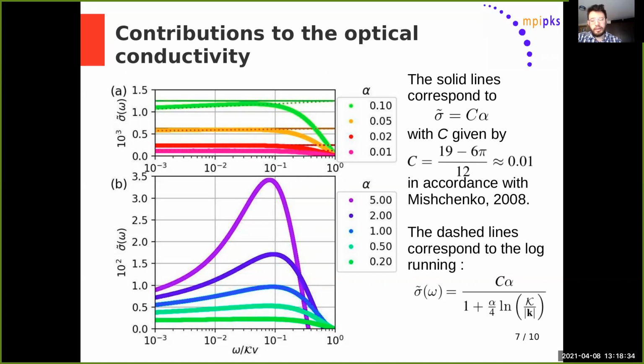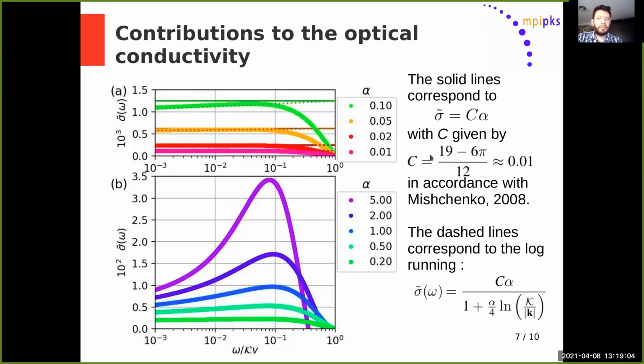But not only is the method able to discern which value of C is the appropriate one for the system, it also obtains the running of the optical conductivity with the frequency of the electromagnetic wave that is colliding with the layer. And these dashed lines are these functions.